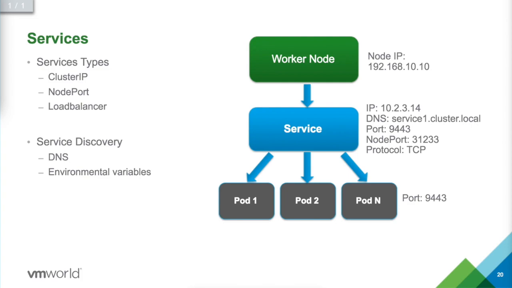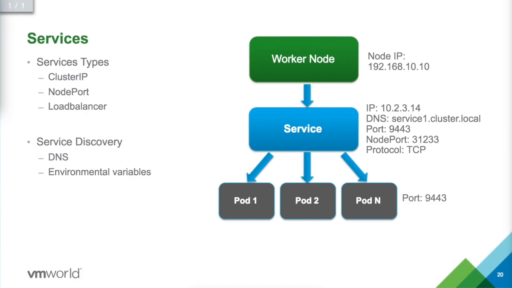Node port is used for user-to-pod communication. In case a set of pods are designed to be the front end of the application, you need to create a Kubernetes service object with type equal node port.